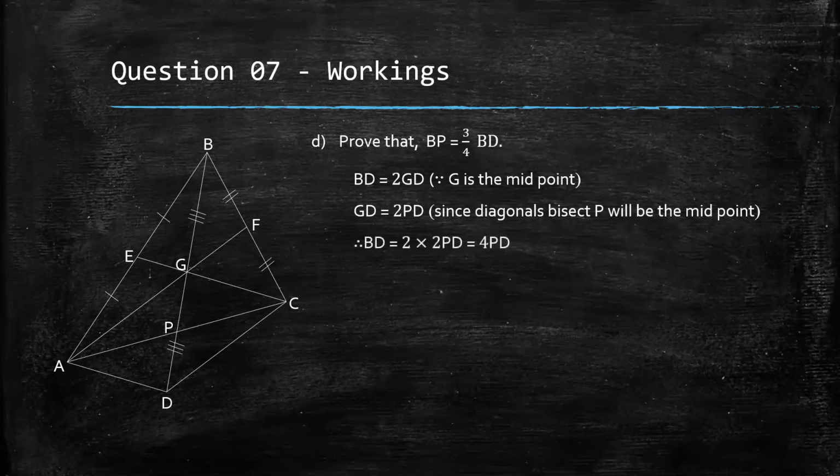Then we can take it like this: BD equals 2 into, we have taken 2, we substitute, just a substitution, 2 PD, and finally BD equals 4 PD. Then PD equals 1 over 4 BD. Then BP equals 3 into PD.